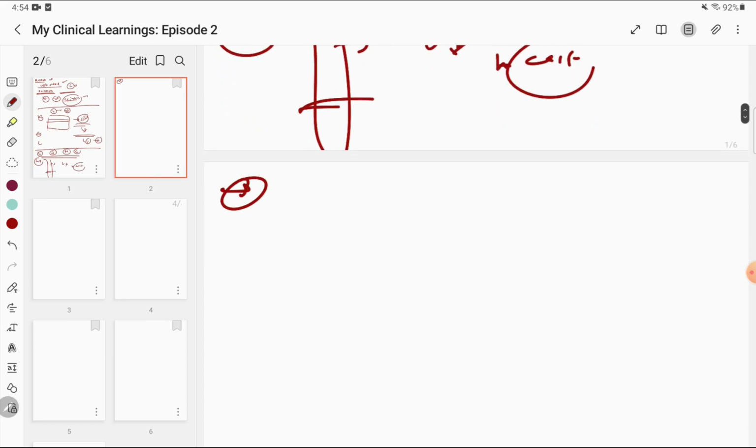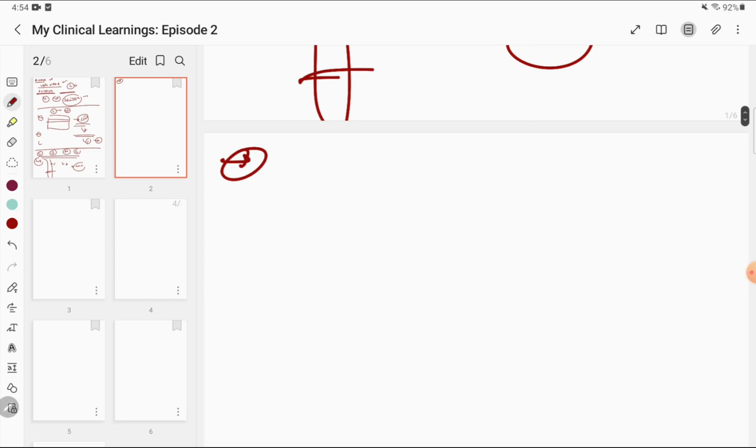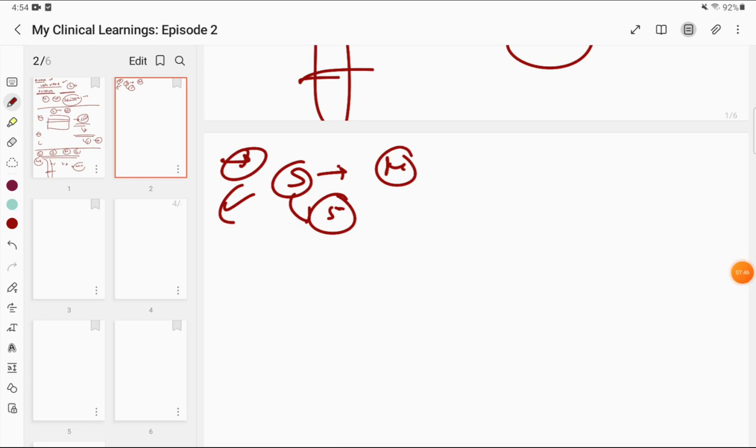When we have these symptoms, then you go for the modalities and the sensation. So we elicited the location, then we have the sensation. Generally what he said was that there is a lot of dull aching.